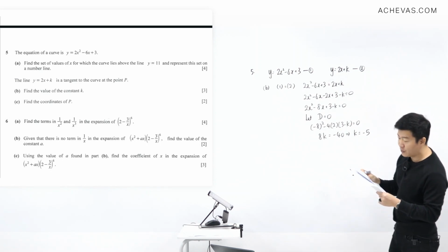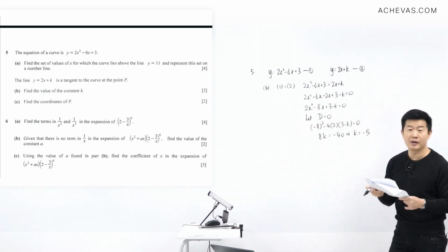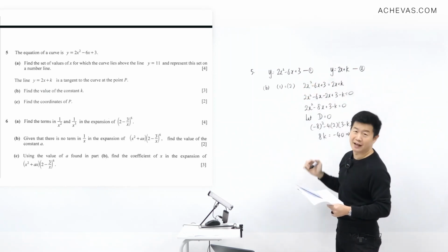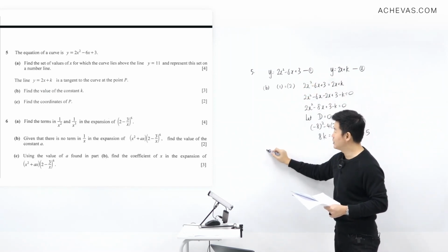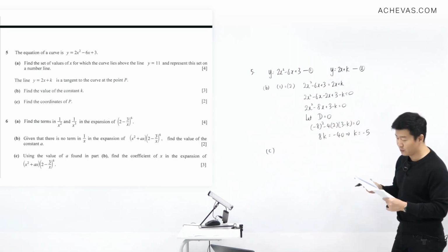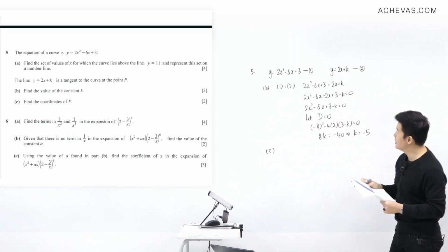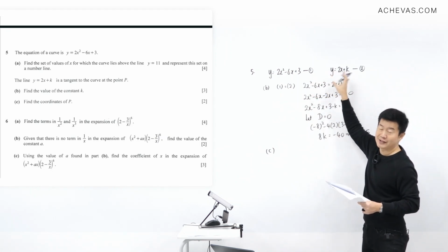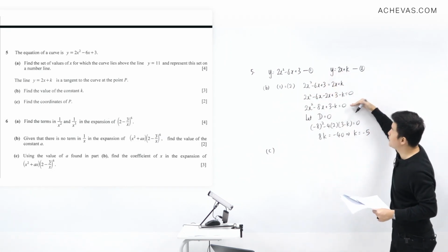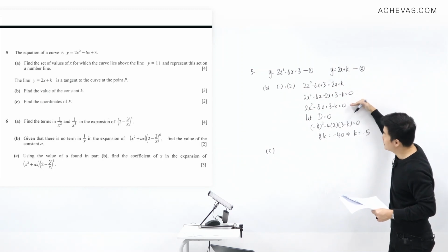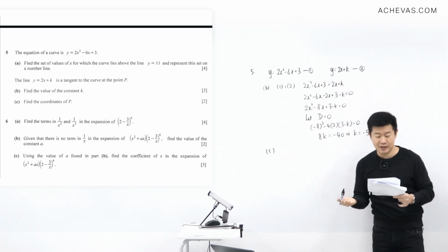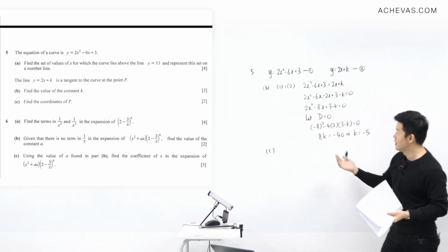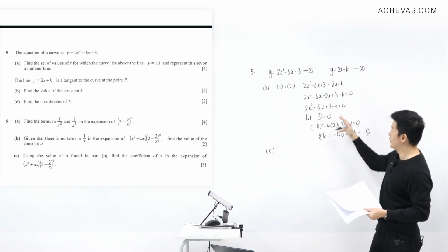And for this value of k, we are supposed to find the coordinates of P. And P is the place where this and this, they are going to be intersecting. So let's just continue directly with part C to find the coordinates of P. So in fact, when I try to solve this as a pair of simultaneous equations, we will be getting this equation here, which is going to be giving us the x coordinate of P. So let's just substitute minus 5 into here.